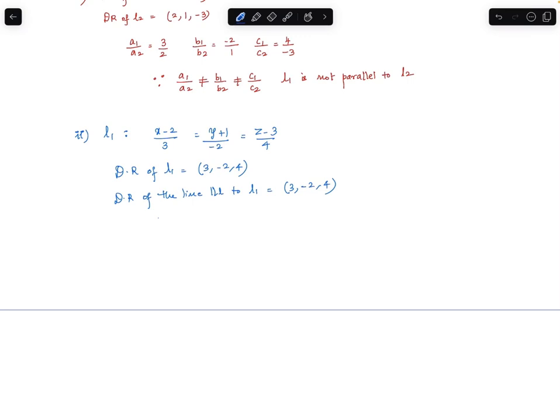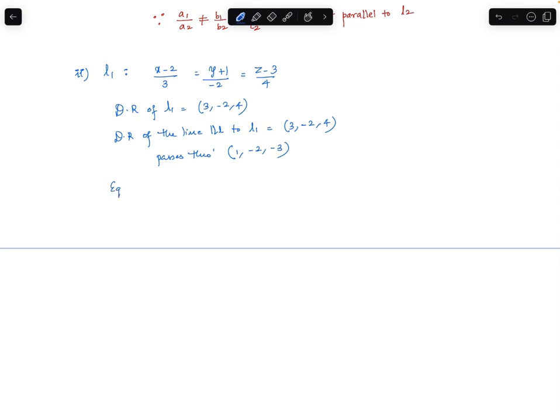And this parallel line passes through (1, minus 2, minus 3). So the equation of the required line in vector form, that is r vector is equal to a vector plus lambda times b vector, a vector is i minus 2j minus 3k plus lambda times b vector, the direction ratios 3i minus 2j plus 4k.